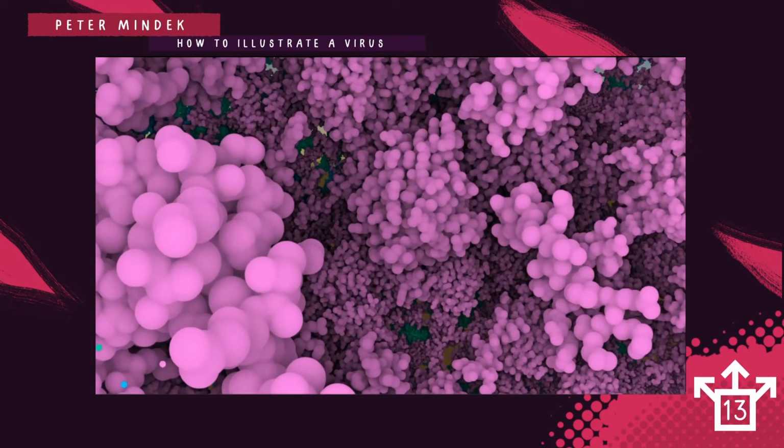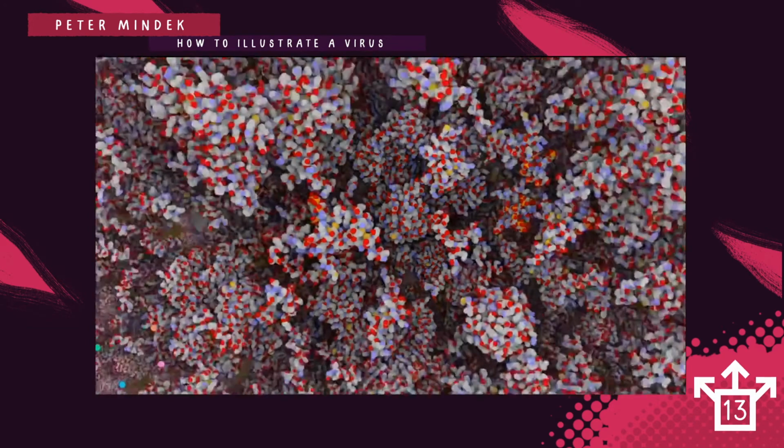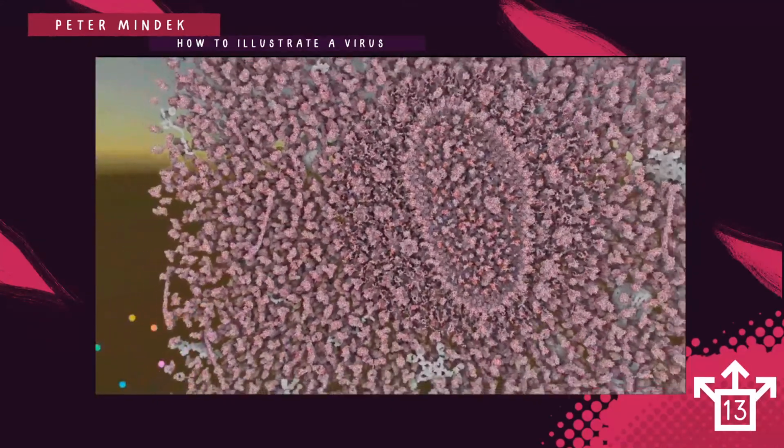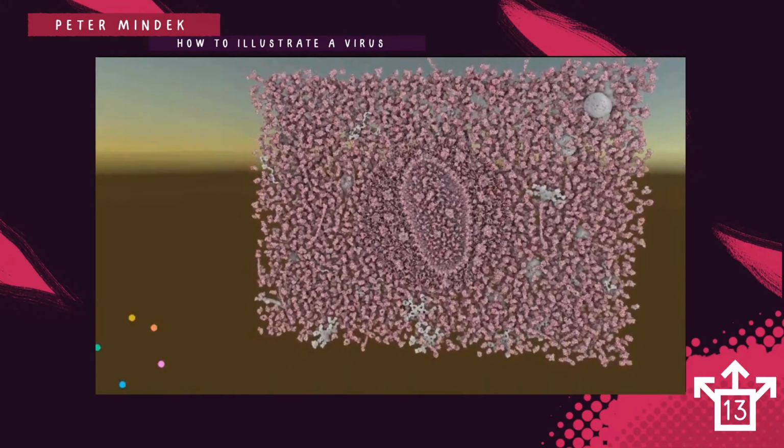But when we zoom in to see individual molecules, we see all the molecules and all the atoms of the same color. It doesn't tell us much. This is kind of useless. And so when we are looking at it at this scale, we could actually color the atoms. But then when we zoom out again and we have all the atoms colored in different colors, we only see noise, because at this scale, a color scheme which distinguishes individual atoms doesn't make sense.